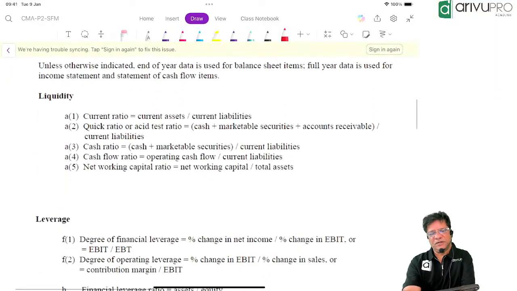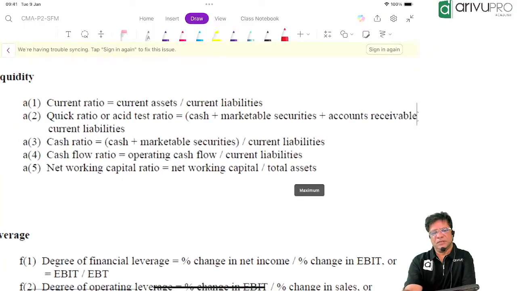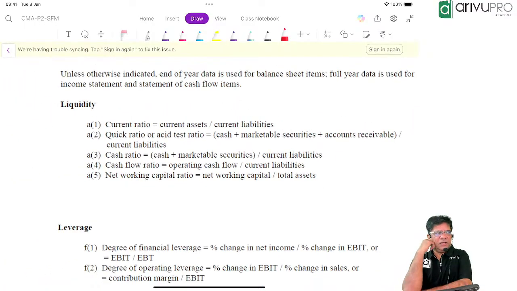So first, write down liquidity ratios. 1. Current ratio equals current assets divided by current liabilities. Next, quick ratio or acid test ratio.